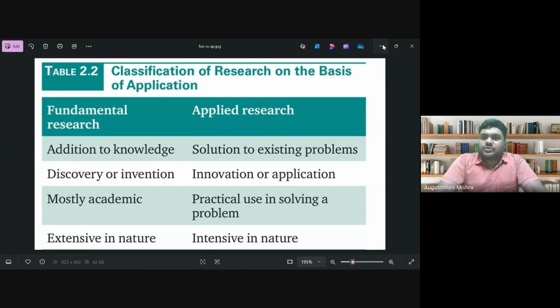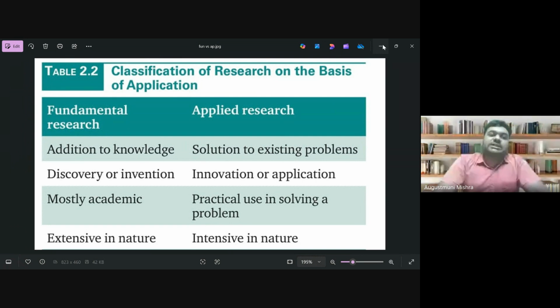To make a discovery or invention also, you perform basic research. For example, if you are going to invent a product, on the basis of your daily observation and the knowledge you have gained from previous research, you can invent a new product from the ideas you take from previous research. So mostly this fundamental research is performed.